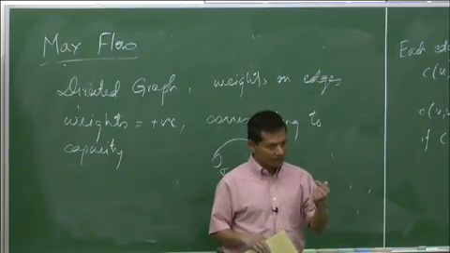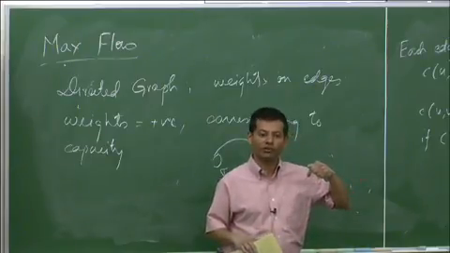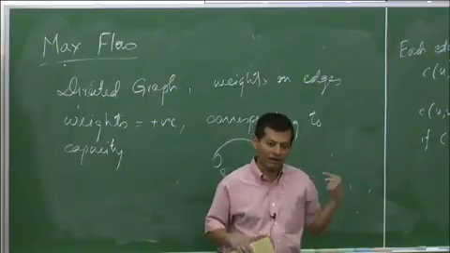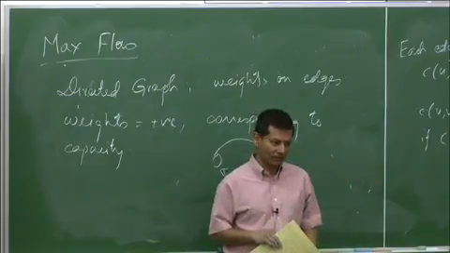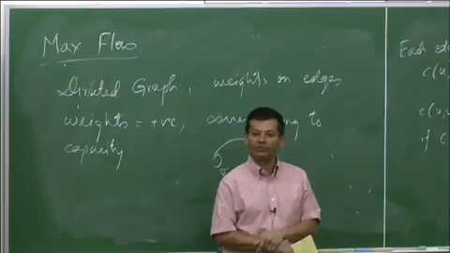If there is a capacity from U to V, but there is no capacity from V to U, then I will not have the second edge, I will only have an edge going in one direction. In all other cases, I will have bidirectional edges between pairs of nodes.